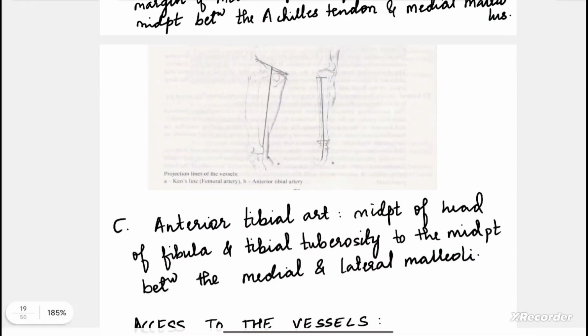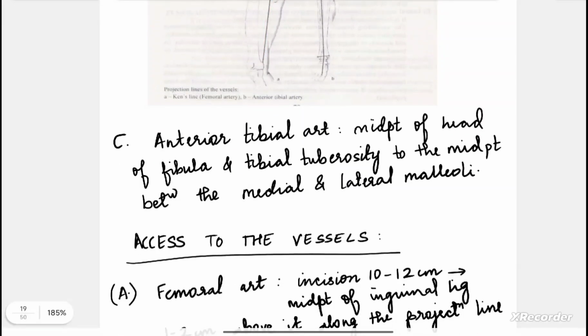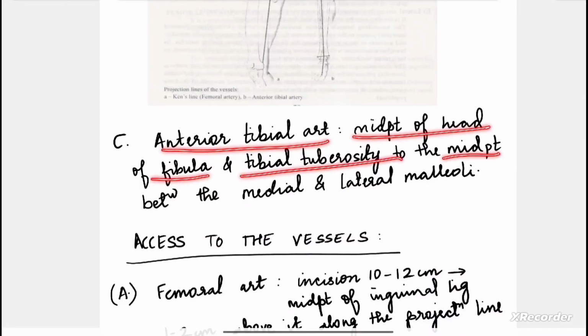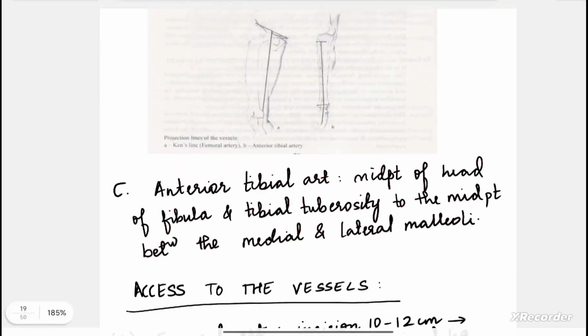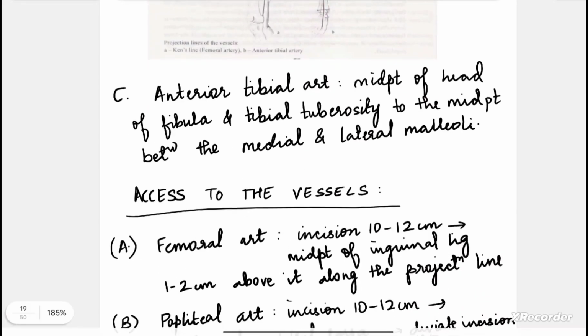The anterior tibial artery runs from the midpoint between the head of the fibula and tibial tuberosity to the midpoint between the medial and lateral malleolus.